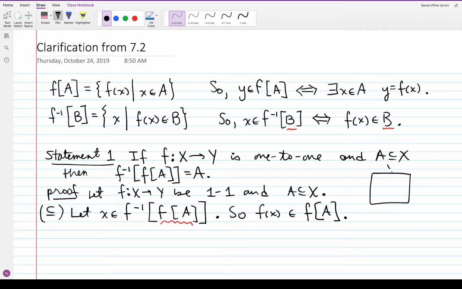Here's the domain X, and I'm focusing my attention on an element of the domain that happens to have its corresponding function value inside of the set f of A. That's where I'm at in the proof. So I know this is f of A here.